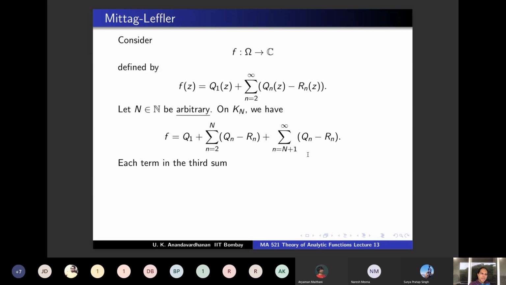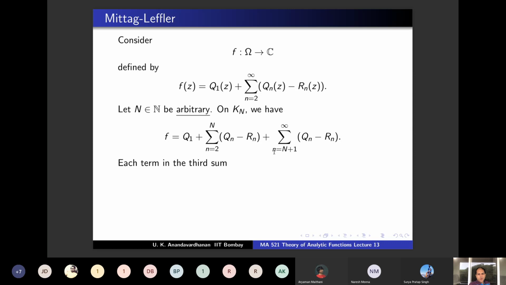On K capital N plus 1, you will have this difference less than 1 by 2 power n plus 2, etc. 1 by 2 power n plus 2 is also less than 1 by 2 power n. So for each of these, from n plus 1 onwards, you are getting the modulus less than 1 by 2 power n.